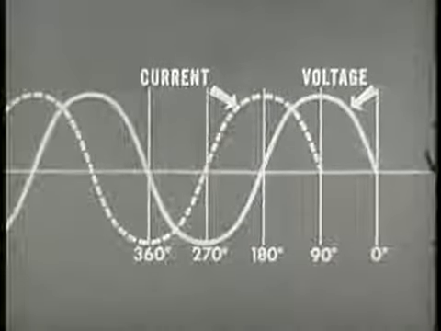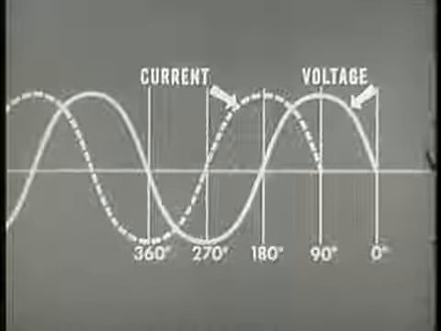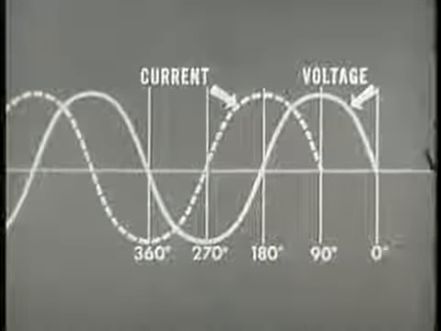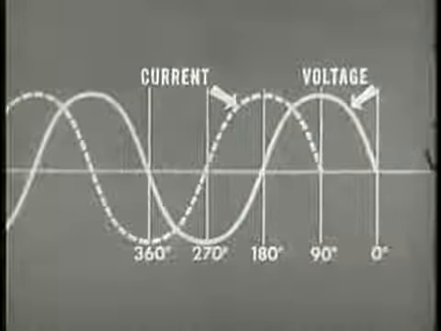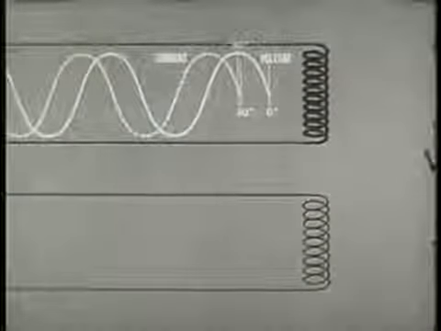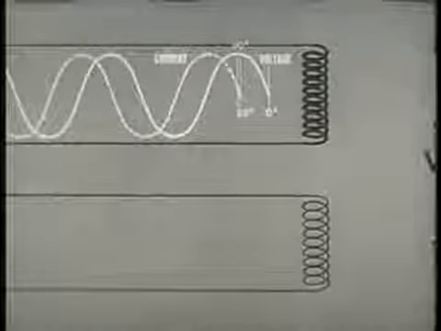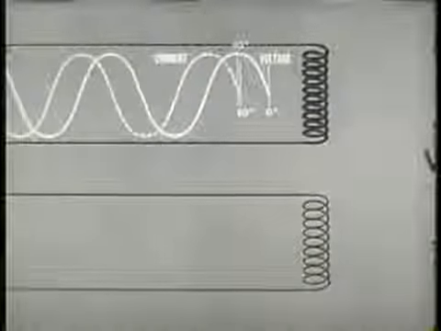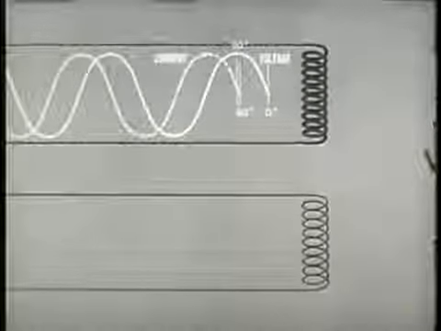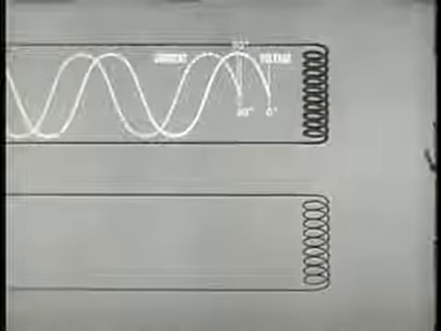In any pure inductance, current lags behind voltage by 90 degrees. But since the heavy winding is not a pure inductance, but a large inductance, the current will lag the voltage in this winding by less than 90 degrees, say 80 degrees.